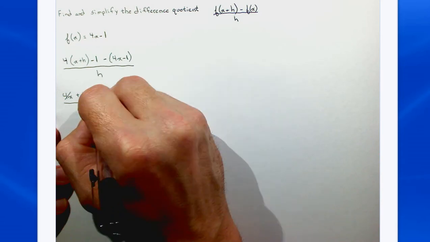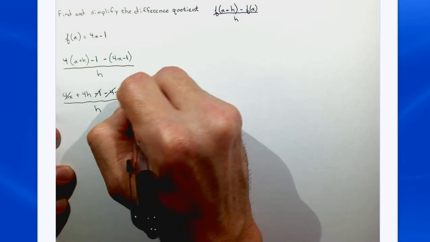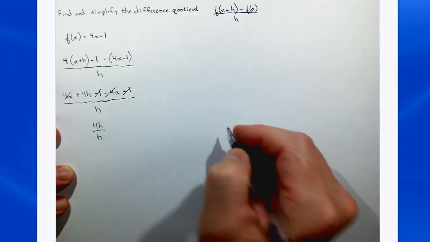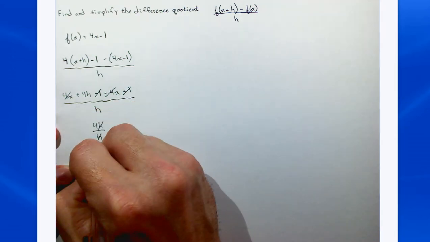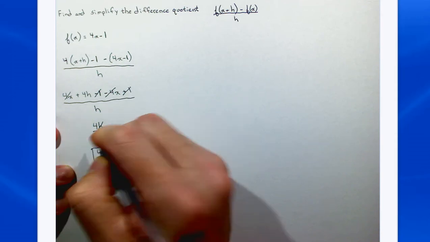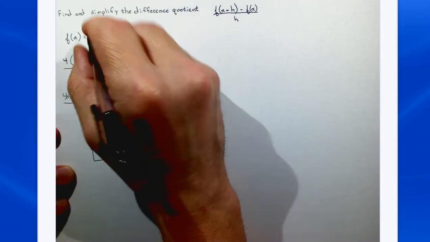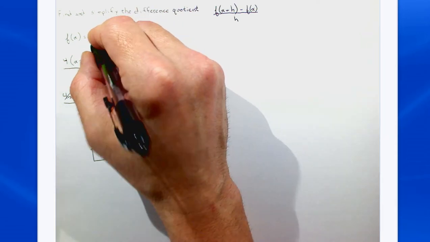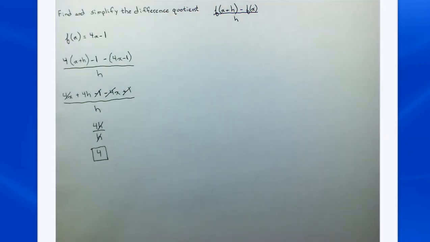Negative 1 plus 1, they cancel out. I'm left with 4h over h. My h's cancel. I am left with 4. That is the slope, and it was already there. We understand slope-intercept form, and the coefficient with x is my slope.